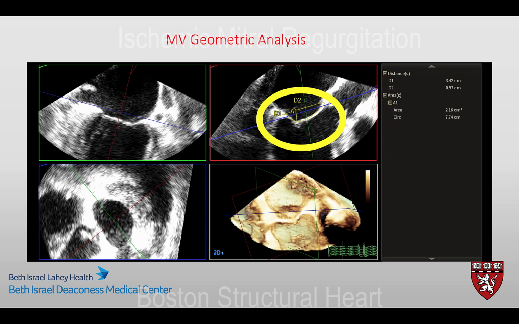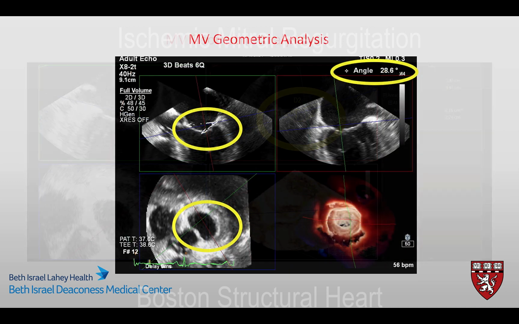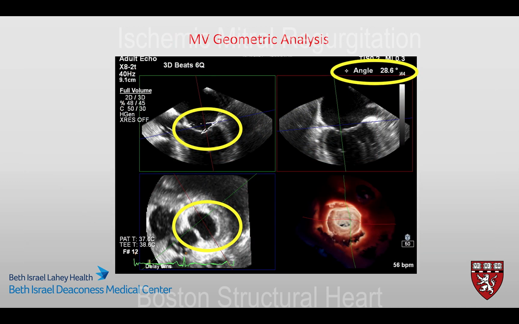As stated previously, we routinely measure tenting height and tenting area as markers of remodeling. And these two measurements can be done either in your two-dimensional views, or we typically do all our measurements using multiplanar reconstruction. The value of using multiplanar reconstruction is that you can be very precise in your measurements, and you also know exactly where you are taking your measurements from.